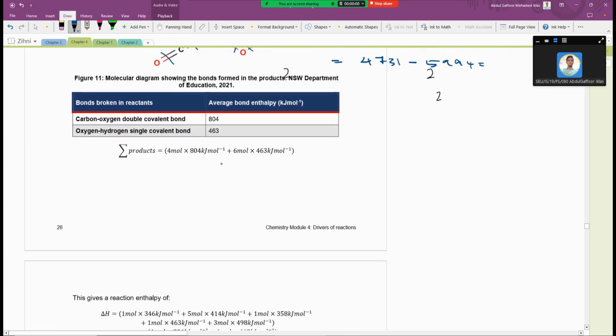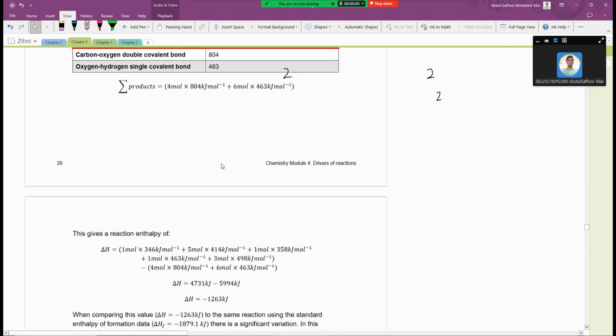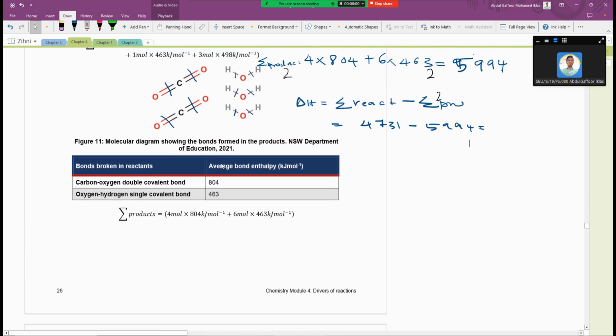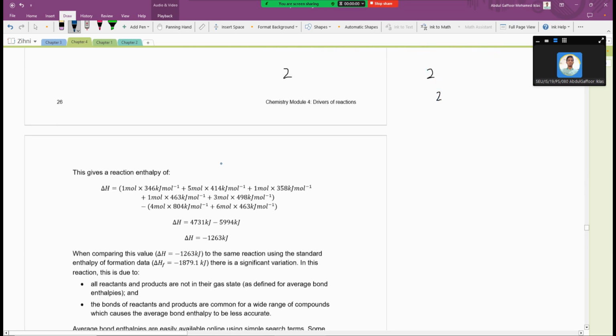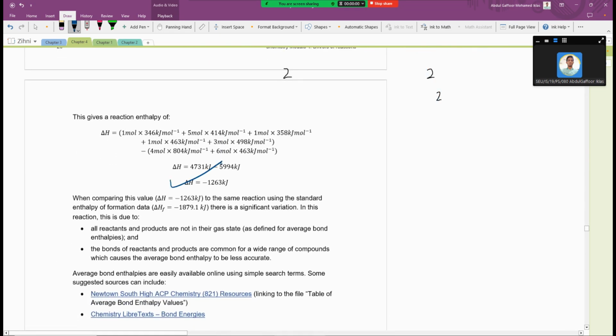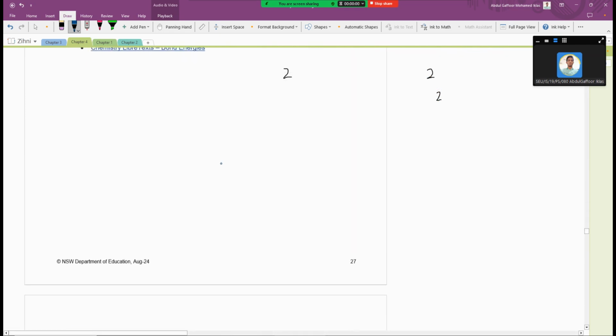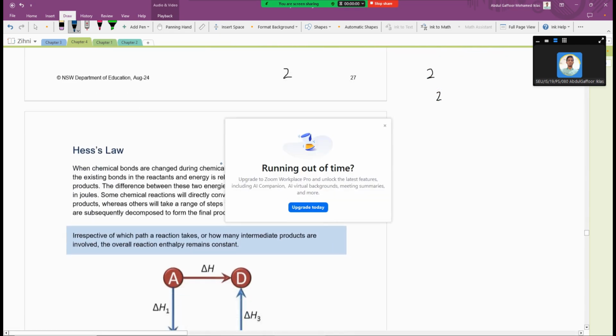Okay, so this is the answer. You can do it in this way also. Then we will move to Hess law, right?